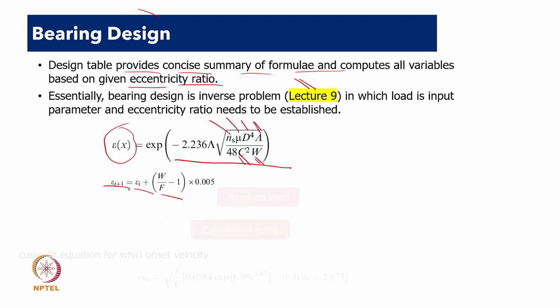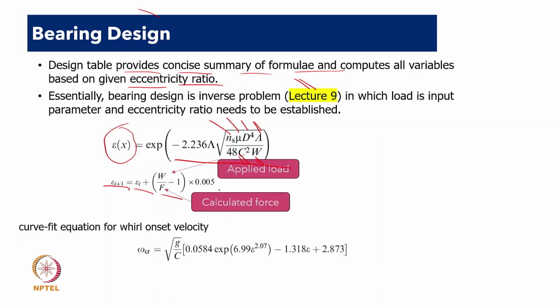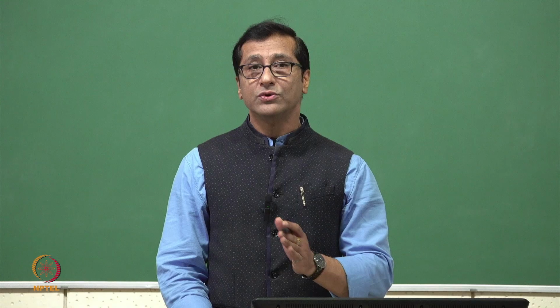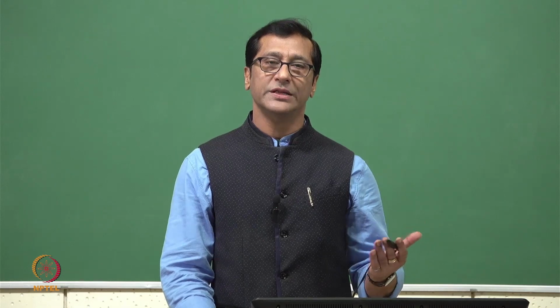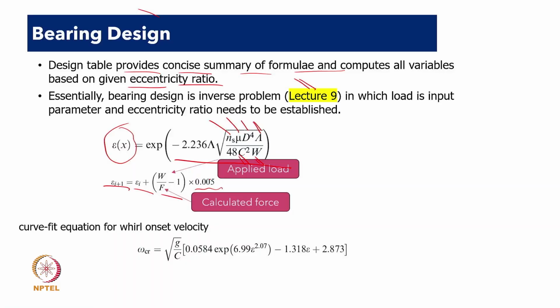And how is the iteration done? This is a kind of multiplier factor, so that we go ahead at a slow pace; we don't want to go jumping in there. It can be 0.001, it can be 0.01 also. And in this factor you can see we apply load and calculated force. If the applied load is more compared to the calculated force, naturally W by F will be more than 1, and then eccentricity will go on the increasing side.